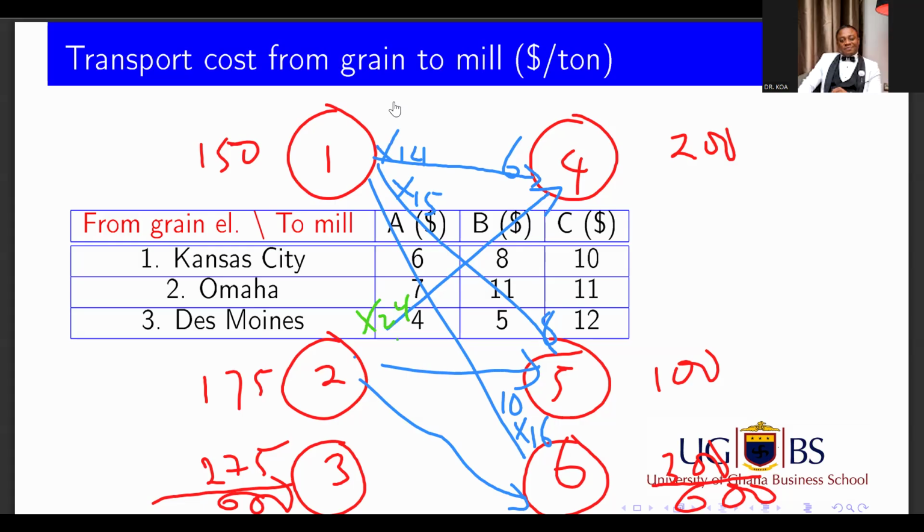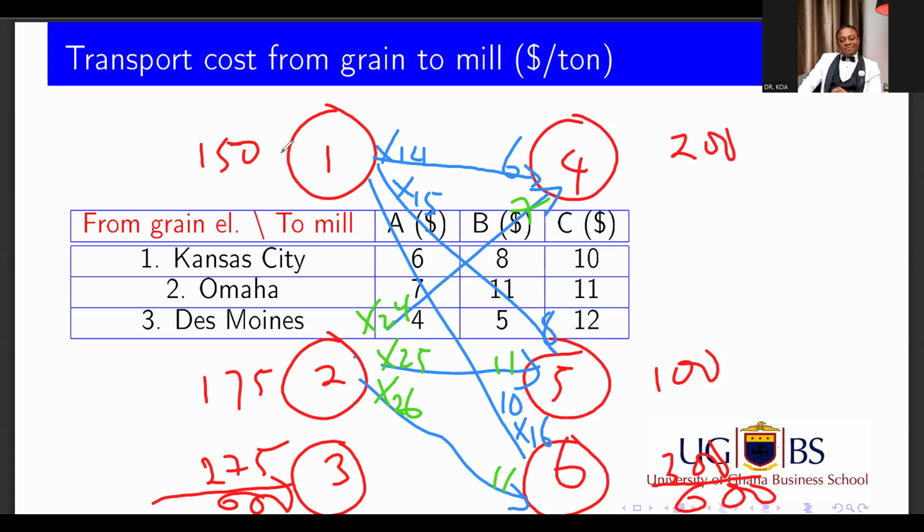And the amount is 7. X25, amount is 11. And then X26, the amount is 11. So when you do that, then you do the next one, and they all look great. Remember, the cost must be added whilst you are writing each decision variable.